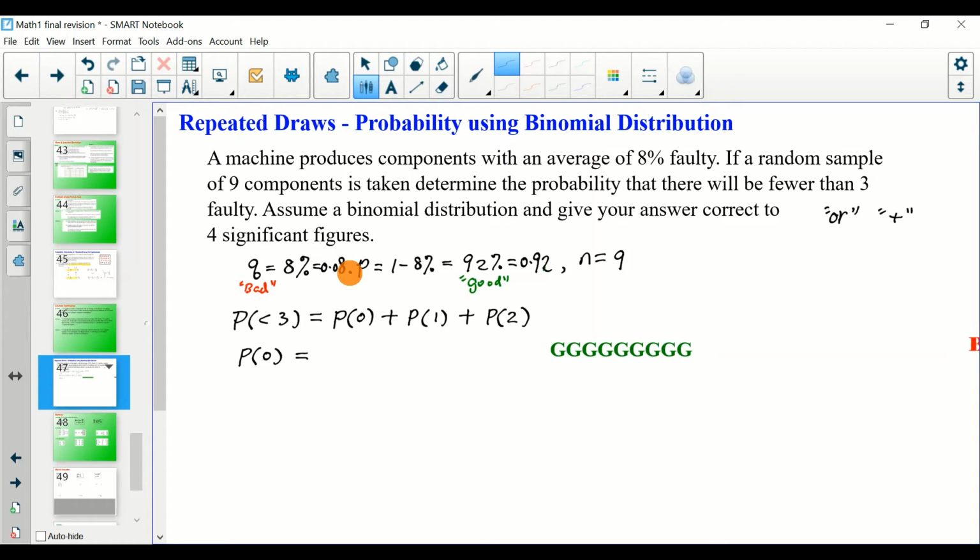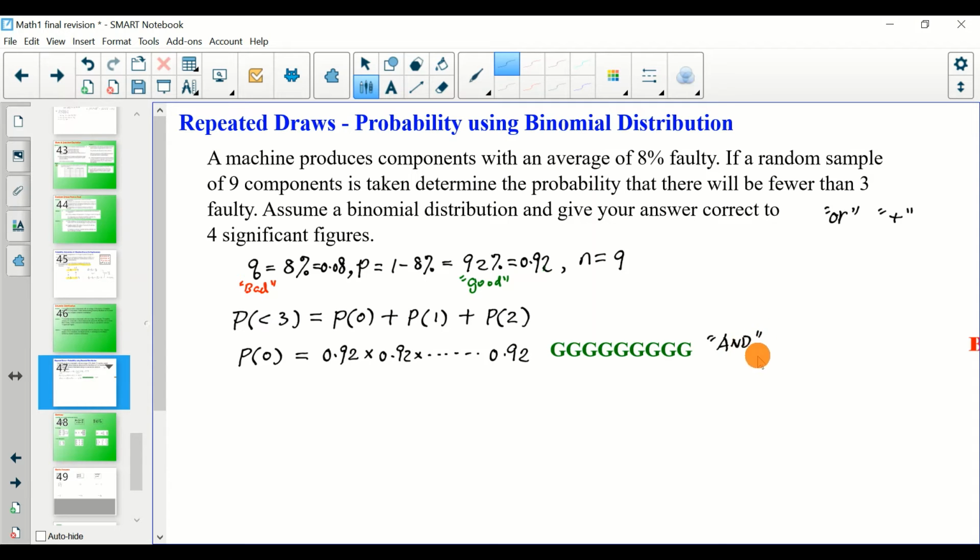Okay, so if we want all those to be good products, I only have to multiply all those probabilities. So each of these has to be 0.92, and when those things all happen at the same time, it's an AND situation.